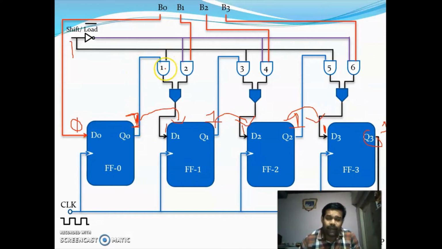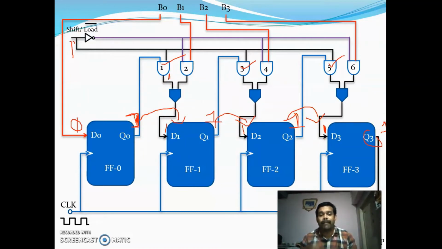When you give 1 here, the gates 1, 3 and 5 get enabled. So one of the inputs is 1, and whatever is coming here will be the output of this AND gate. If it is 1, both the inputs are 1, so here we will get 1. The output of the OR gate is 1 if one of the inputs is 1. So the bits are shifted right when you give an input of 1.